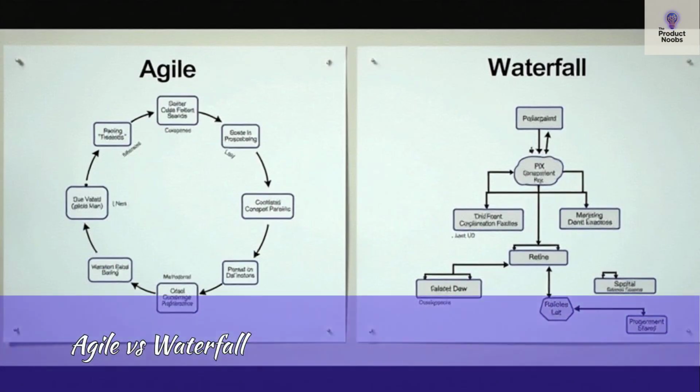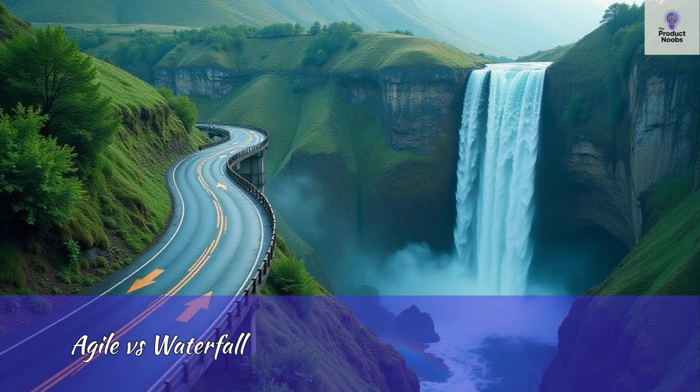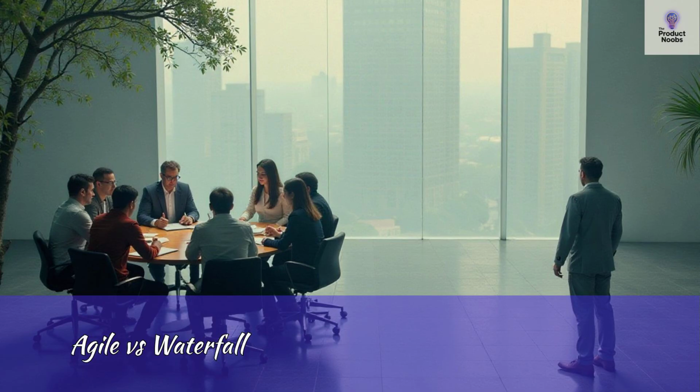Let's compare Agile and Waterfall. Agile is flexible and iterative, while Waterfall is structured and sequential. Agile adapts easily to changes, while Waterfall is fixed and hard to change. Agile delivers small and frequent releases, while Waterfall makes one big final release. Agile involves continuous customer feedback, while Waterfall had limited involvement of the customers.